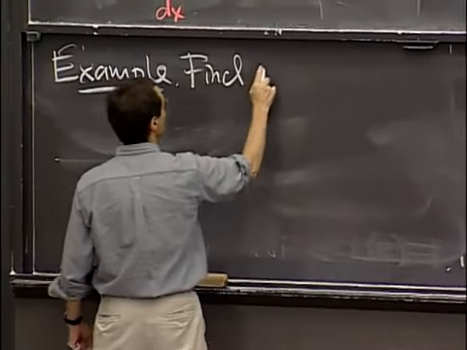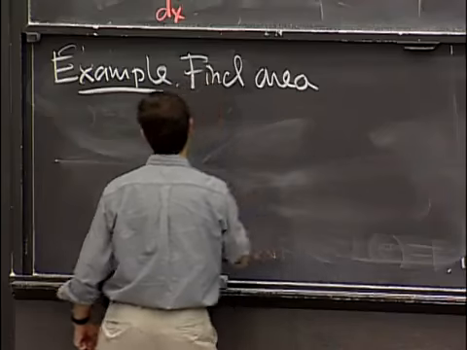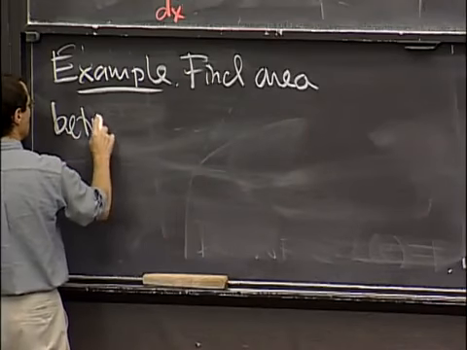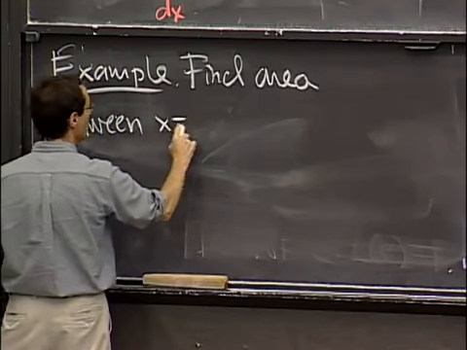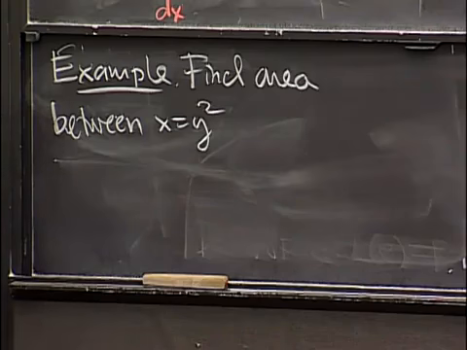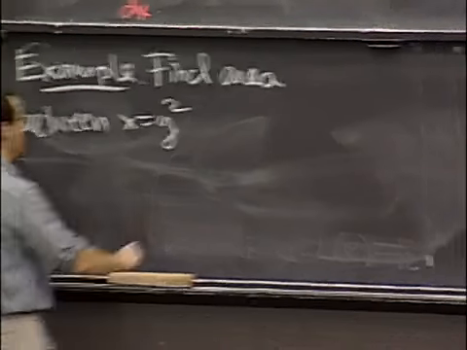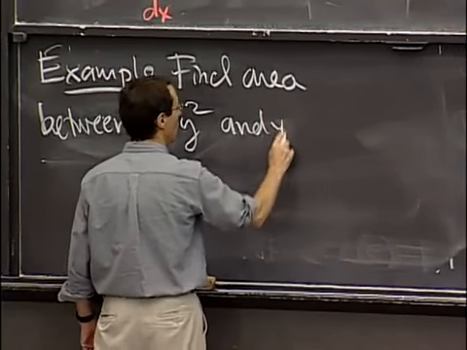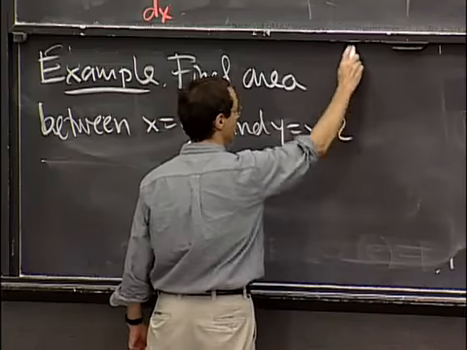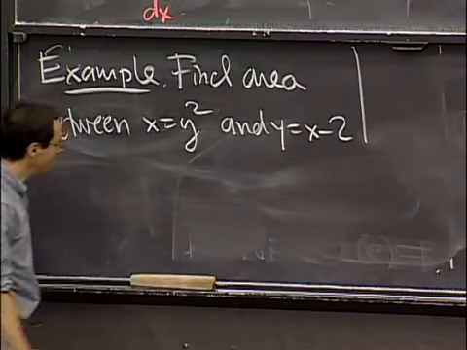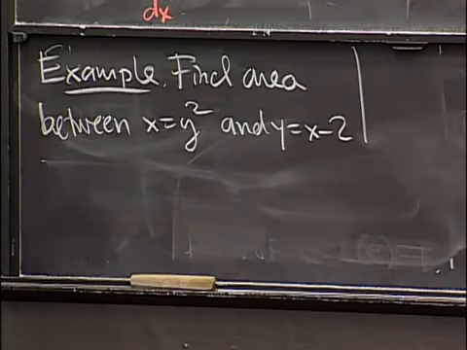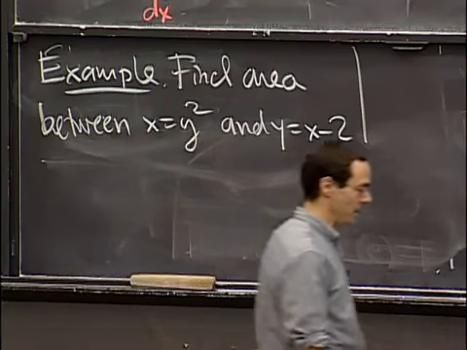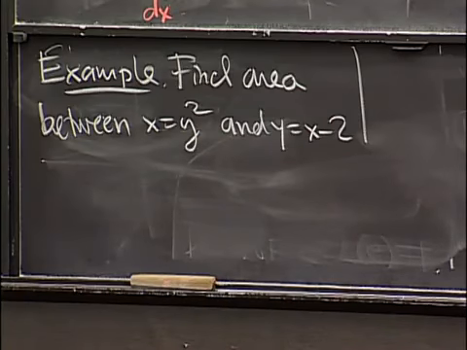Find the area between x equals y squared and y equals x minus 2. All right, this is our first example. Let me make sure that I chose the example that I wanted to. Yeah.